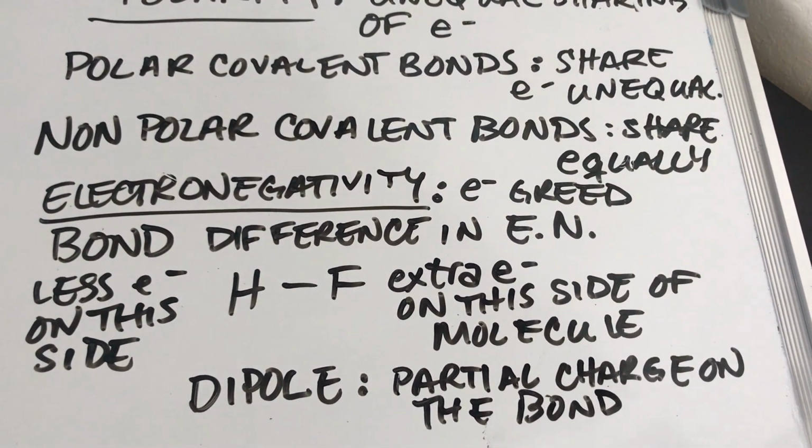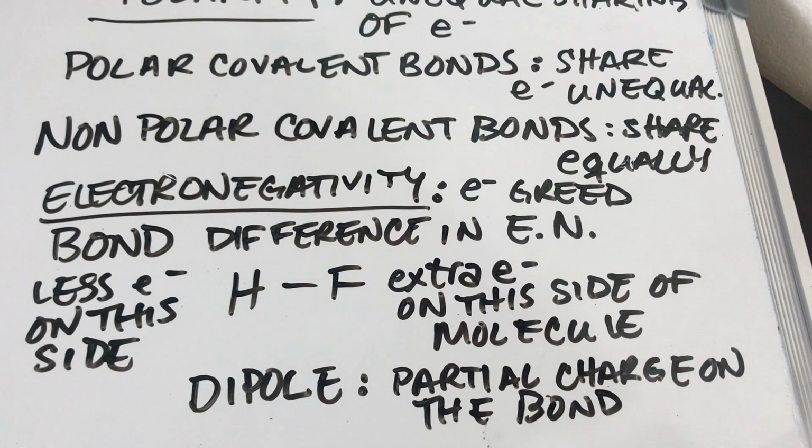So, I was talking about electrons here, and now I'm talking about charges, right? Why are those the same thing? Why is it okay for me to be talking about electrons here, extra electrons or less electrons, and then talking about charges down here?